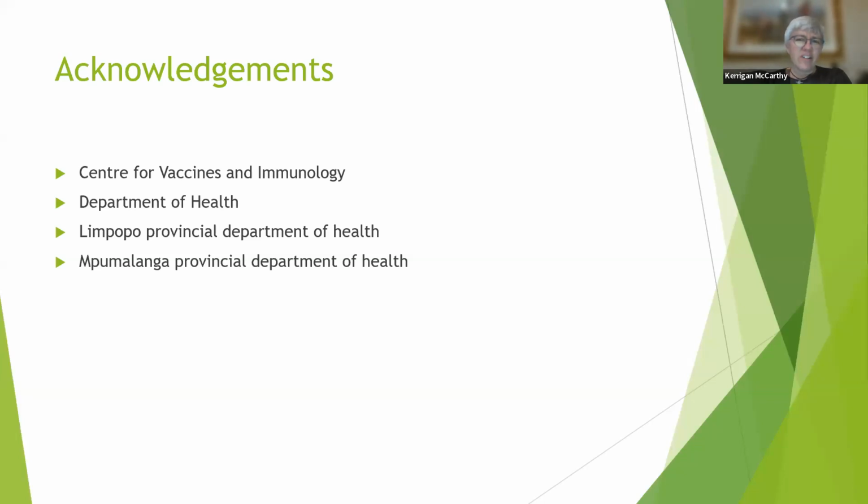So a lovely but tragic example is the elimination of wild poliovirus from Africa. We'll all be familiar that in late 2021 and early 2022, wild poliovirus was again detected in Mozambique and Malawi. When they did genotyping, they showed that the poliovirus was genetically related to the Pakistan strains that had been circulating there.